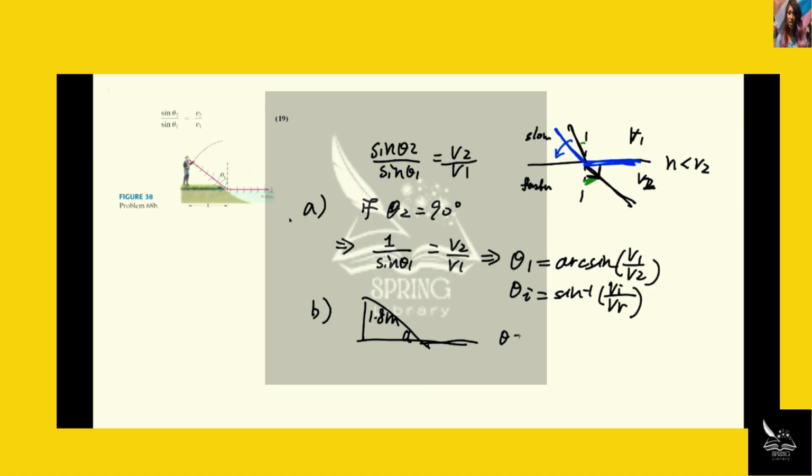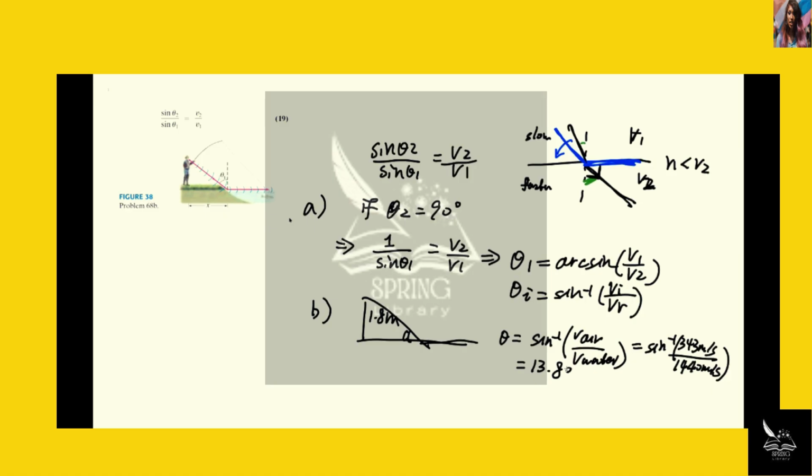The angle theta is arcsine of velocity in the air over velocity in water. So that is 343 meters per second over 1440 meters per second. That is 13.8 degrees.